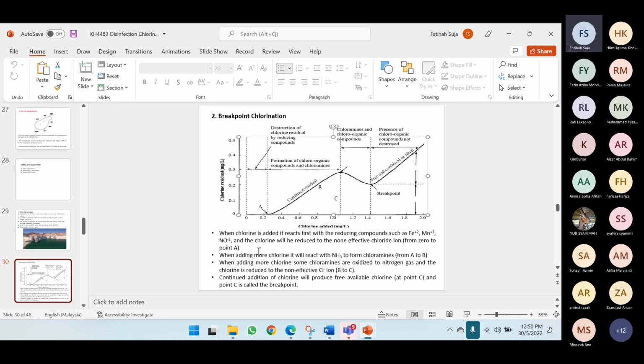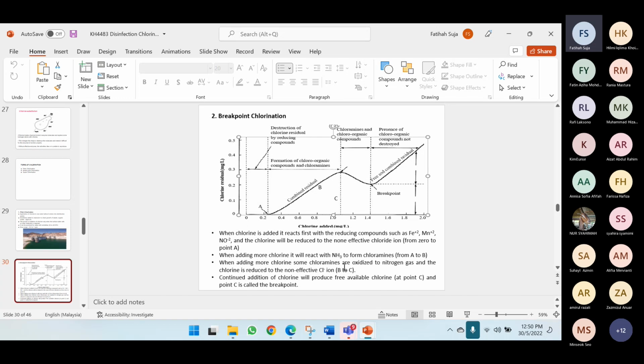So it is used. When adding more chlorine, it will react with ammonia to form chloramines. When you have ammonia in your water, after the chlorine is used for reducing the reducing compounds, then it reacts with ammonia to form chloramines.